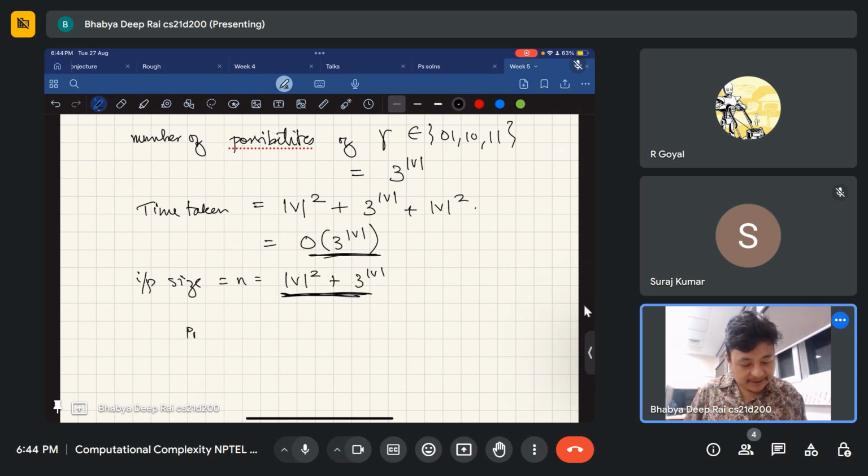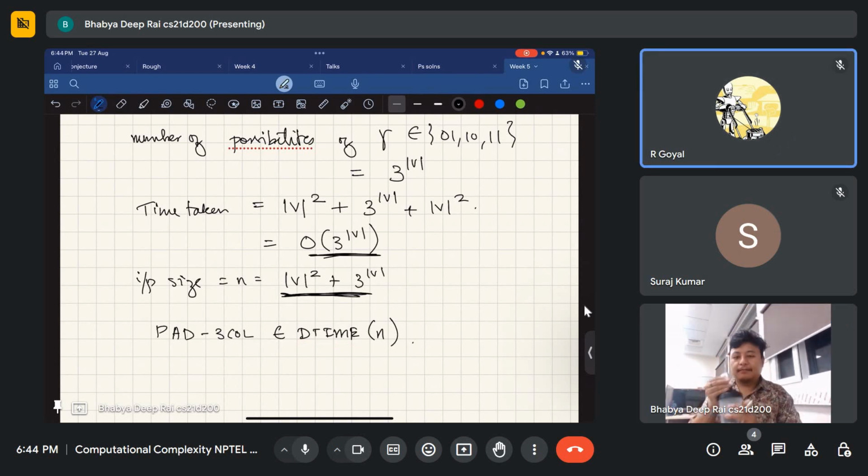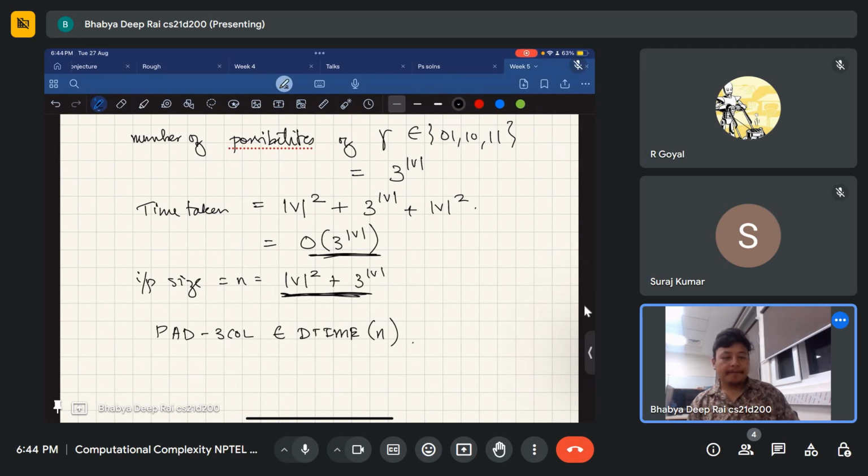So it means our algorithm shows that padded 3-colorability is in polynomial time in n. Is this clear? Yes. Okay. So this is the concept of padding.